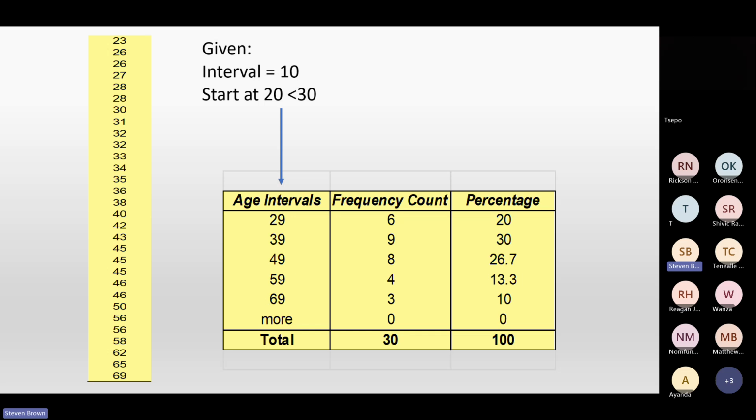So when you get that data, you will count the number of data points that lie in that range, okay, in that interval. They will generally give you the interval range in your question. They will say to you, for instance, the interval will be 10. And you should start at 20 to just under 30, or whatever the case is. So read it. That would be question 4.